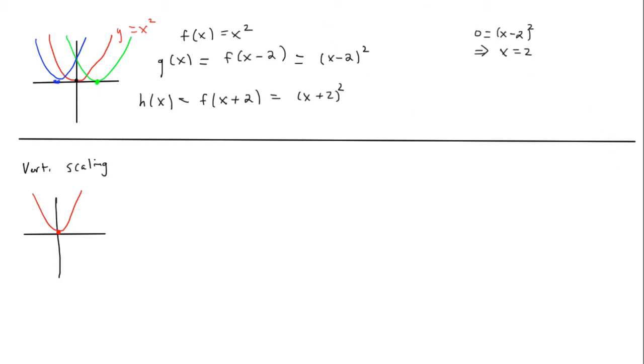Okay, so let's just keep our original function, f of x is x squared. Now let's ask, what would happen if g of x is 2x squared? Well, if I choose a point on the graph, like for example this red dot, the vertex, what this is saying to do is to take the old y-coordinate and multiply it by the 2.